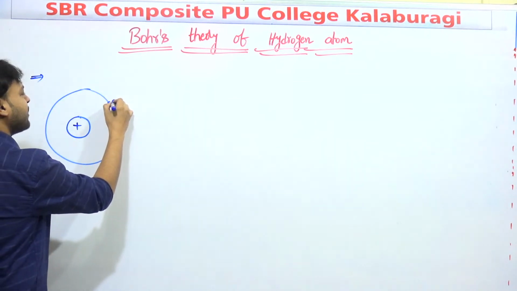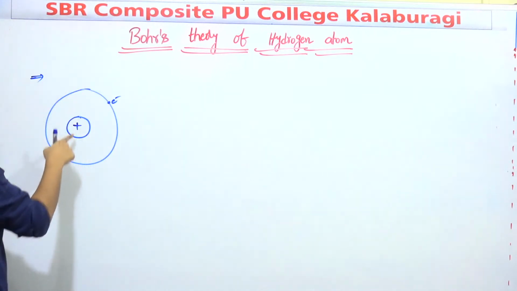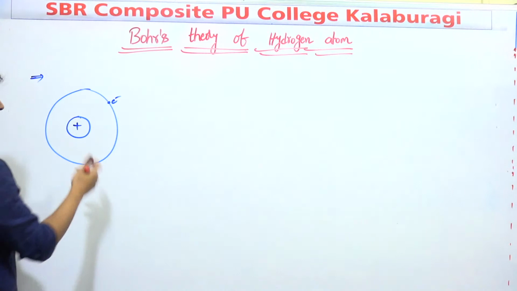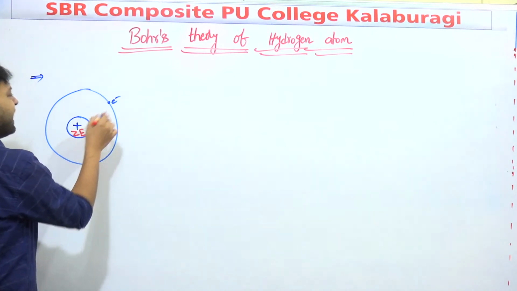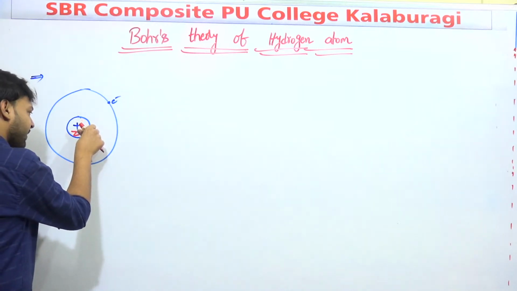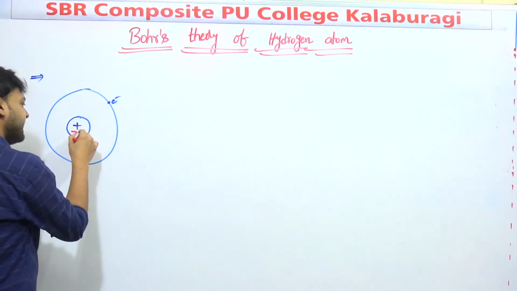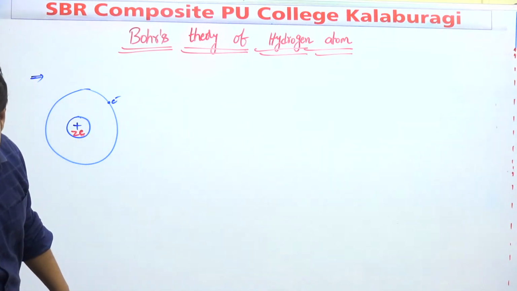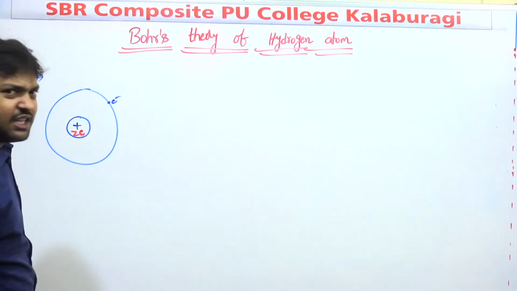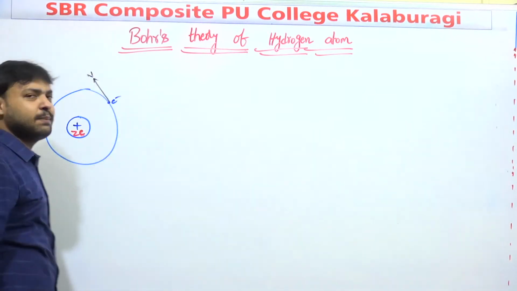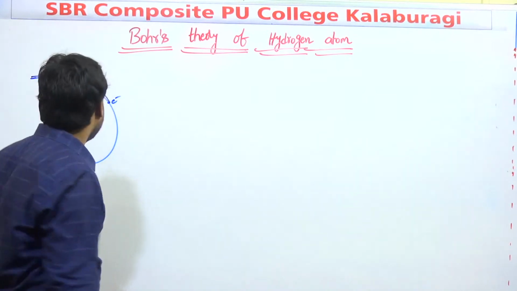The charge of the nucleus I can write as Ze, and assume the electron is revolving. The tangent will give you the direction of the speed at that instant.